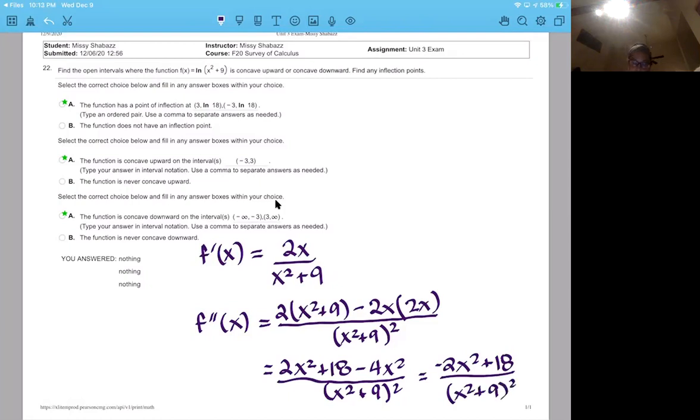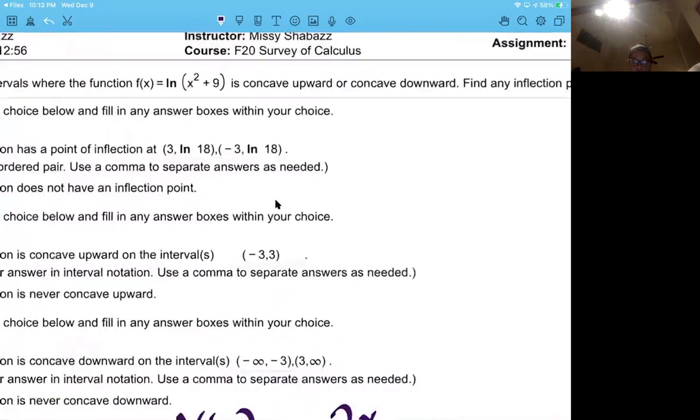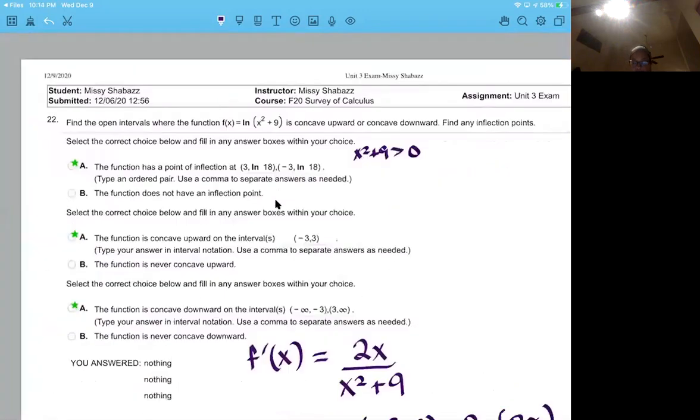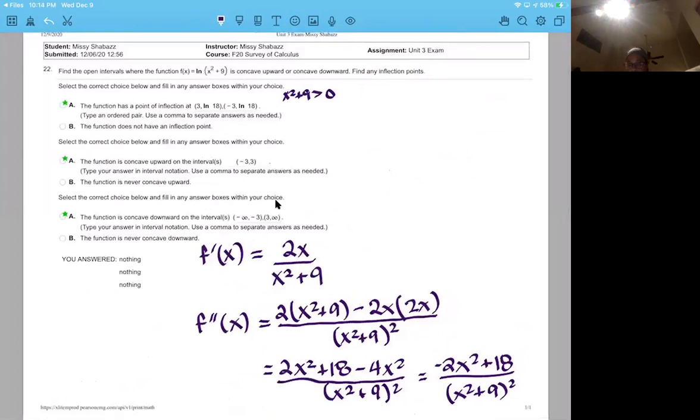Let's first just notice that the domain is going to be all real numbers because x squared plus 9 is always greater than 0. There's no number that I can plug into x that will ever make that negative. So it's all real numbers. Now I'm going to set the second derivative equal to 0.